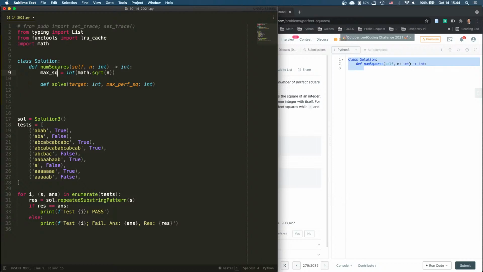Max square root. So max square root, and then this is going to be max square root. Wow, can we name it differently? Max square root, and this is the individual.